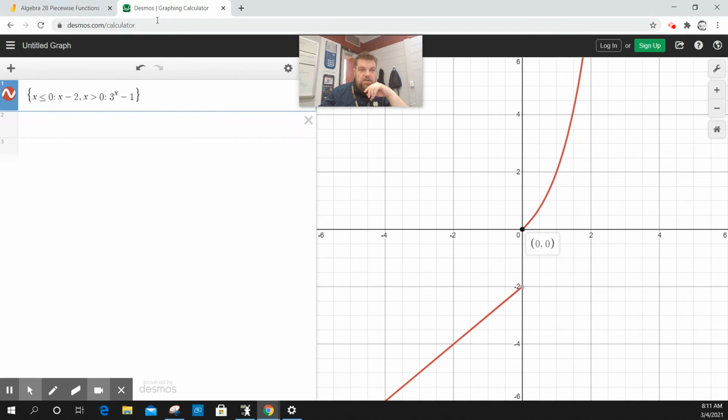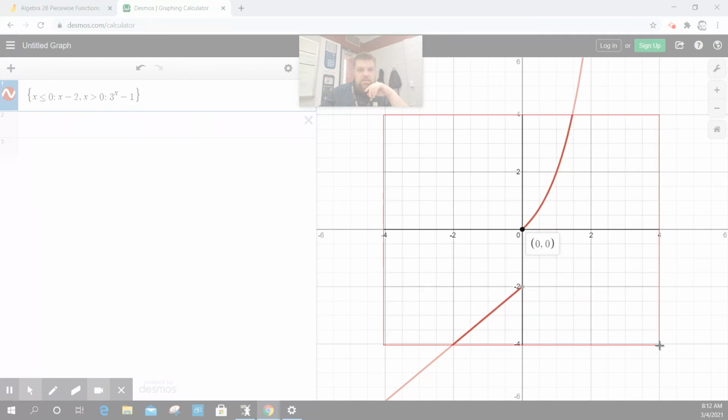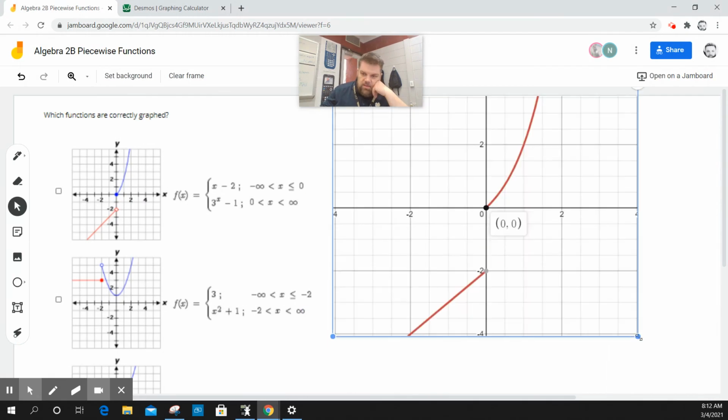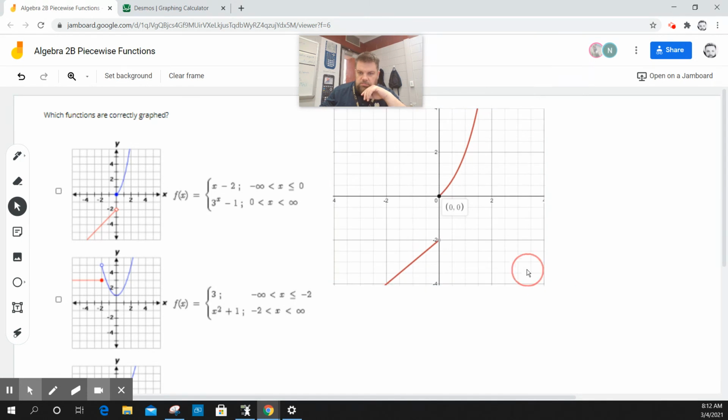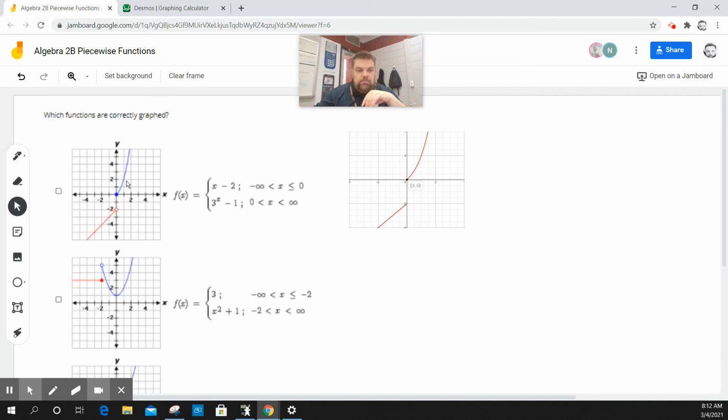So, in other words, if I graph this, I have to think, where is the circle going to be closed? Well, it's going to be closed here because I have this equal symbol.